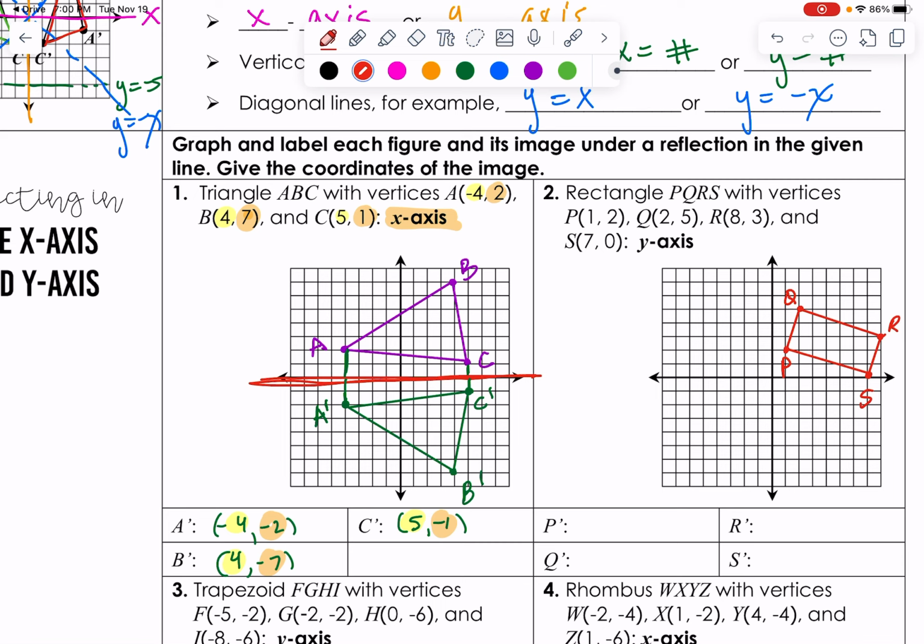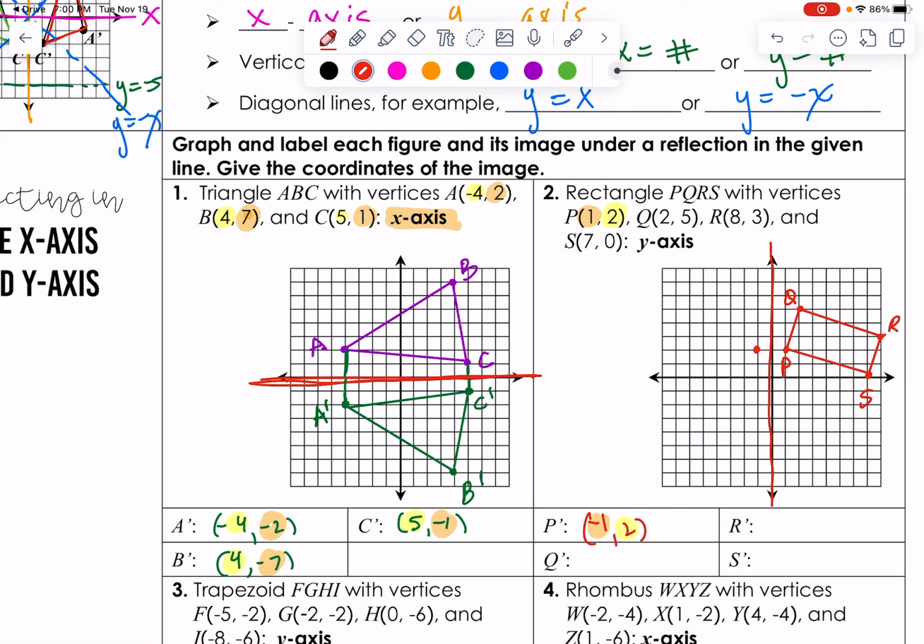Now watch how the coordinates change, because here's our y-axis. It has to be an equal distance. So P has to go over 1 on the other side, but it's still up 2. So now it's -1, 2. Look at what changed. This time, the x-coordinate changes.